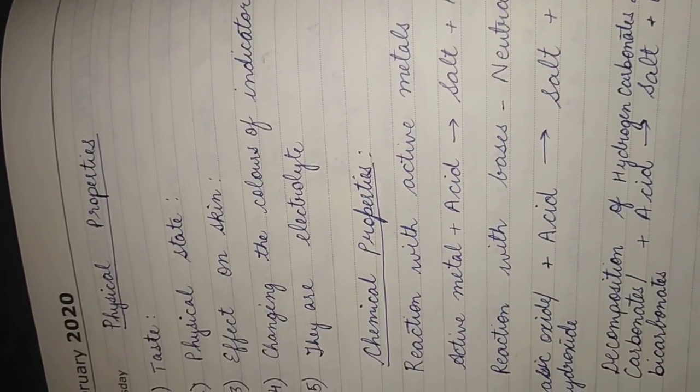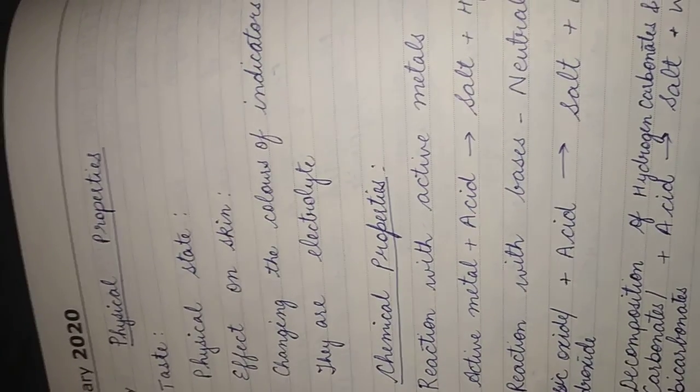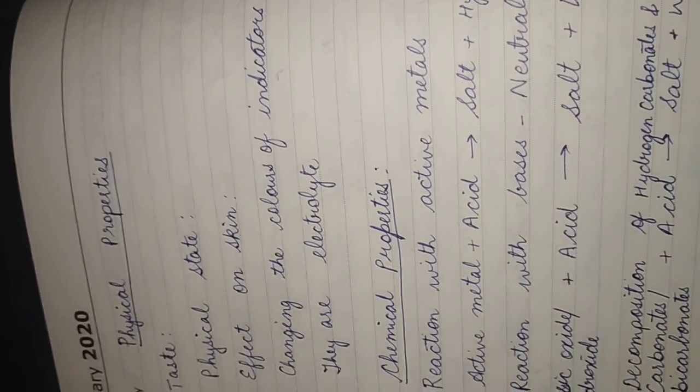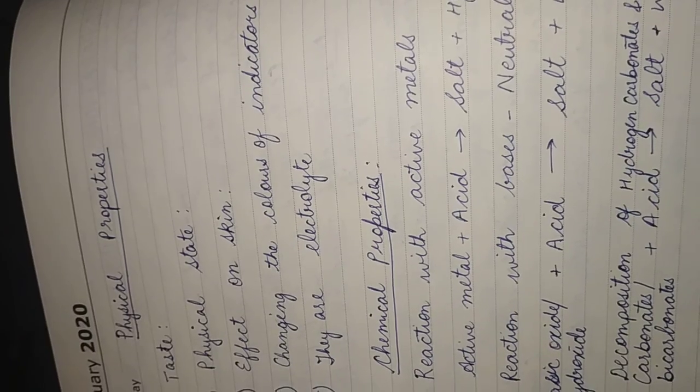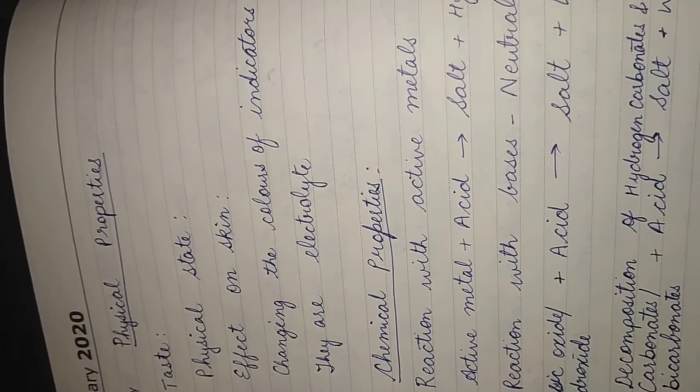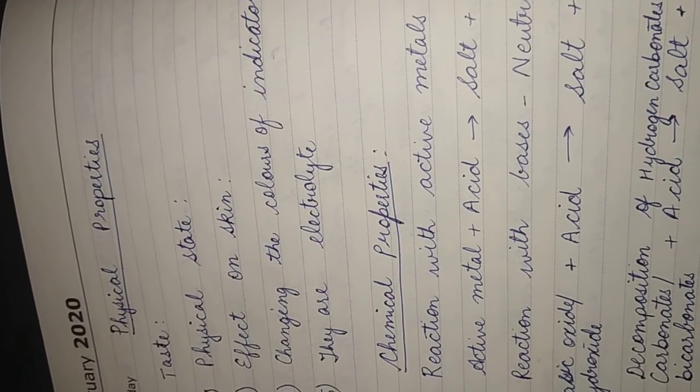So we do not go for nitric acid, and only manganese and magnesium can produce hydrogen with very dilute, that is 1% dilute, nitric acid.